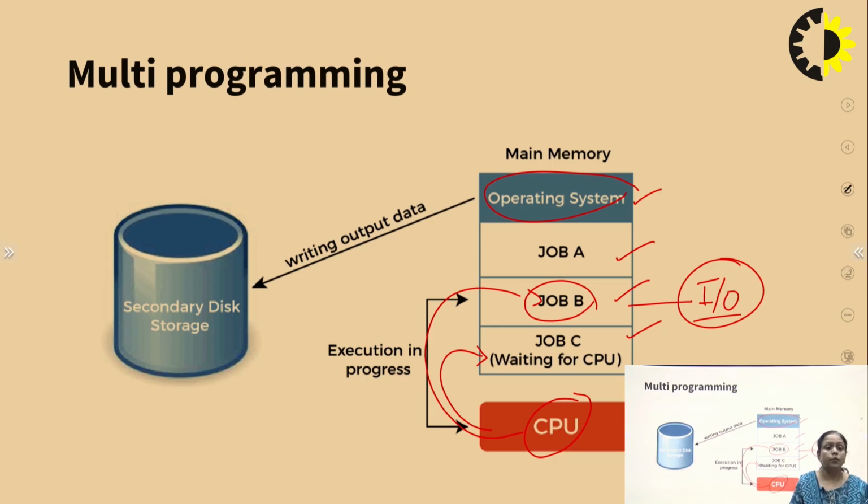The CPU will be more utilized than in other operating systems. So in this case, we have more than one program in memory, and it can execute in this way, so that CPU utilization can be increased.